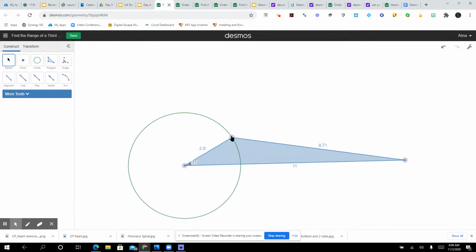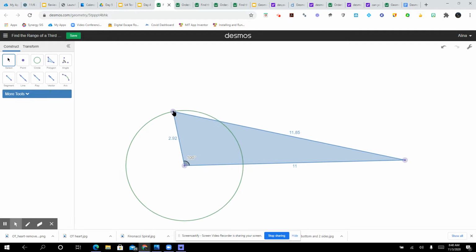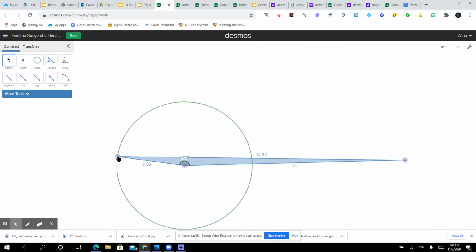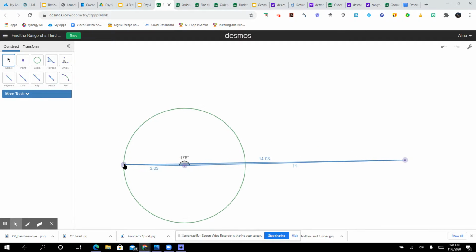It can be 9, it can be 10, it can be any of these numbers in the middle, 11, 12, 13, but as we approach 180 degrees and we keep that 3, it approaches 14. It can't actually be 14 because that's going to be a straight line. 11 plus 3, because they're going in opposite directions, equals 14.